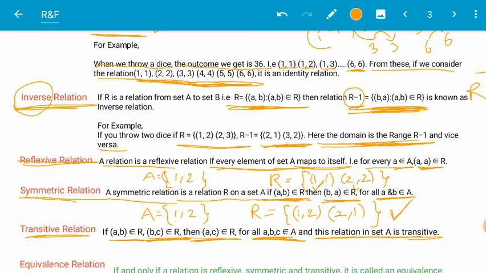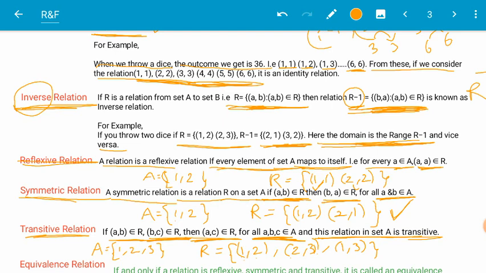Same thing, I am taking now three elements, 1, 2, 3 in A. The relation R we can call transitive if there is (1, 2) and (2, 3). Look here, (A, B) and (B, C) exist, so what should exist? (A, C). So (1, 3) should come.